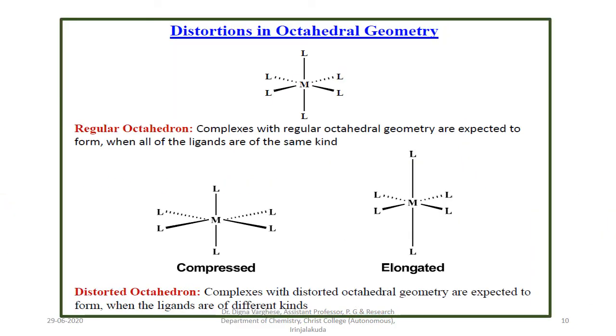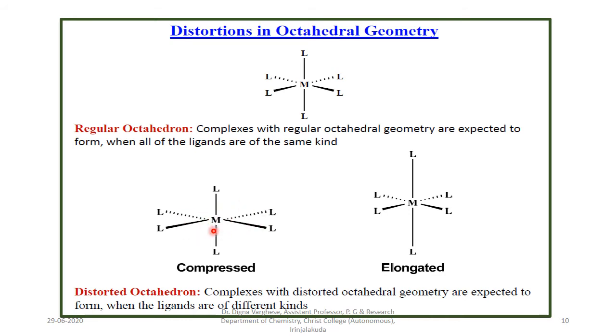This means that the distortions in octahedral symmetry, the perfect octahedral symmetry Oh, and regular octahedral complexes with regular octahedral geometry are expected to form when all the ligands are of the same kind and create an angle of 90 degrees. But there is a distorted octahedron. If it is compressed, the ligands on the z-axis move towards the central metal ion.